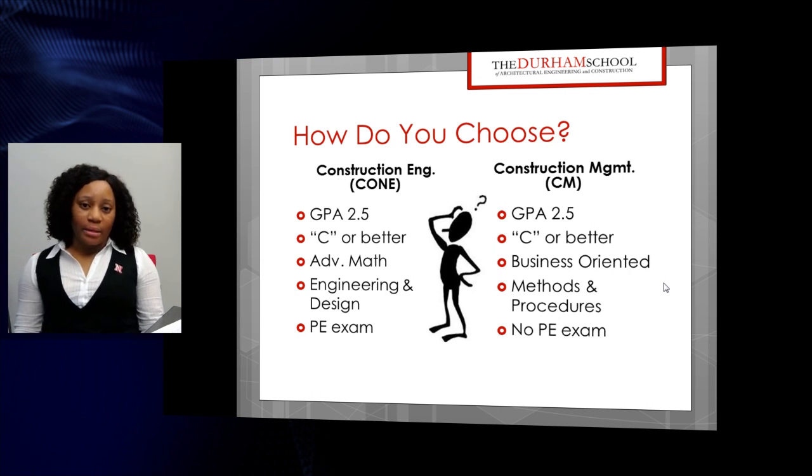But for the engineering discipline, you learn about the construction project from start to finish. So you'll be able to understand the design considerations in addition to on-site construction practice and scheduling. In addition, as a construction engineer, you're able to sit the PE exam, which allows you to become a professional engineer in the field.